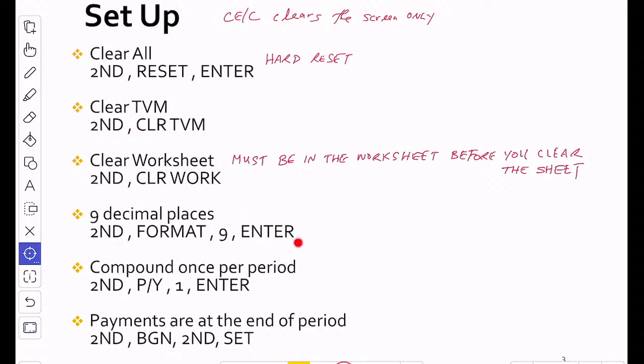These are the steps for displaying 9 decimal places. Now, why do we want to display 9 decimal places? Because we are going to work with interest rates, and interest rates have infinite decimal places, but we're going to ask to see as many as 9.